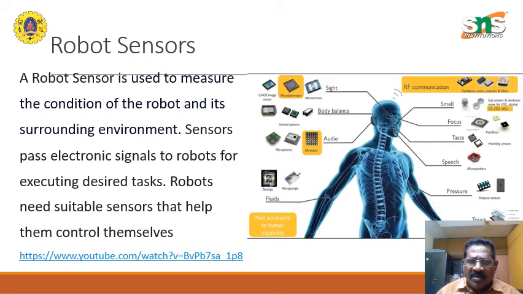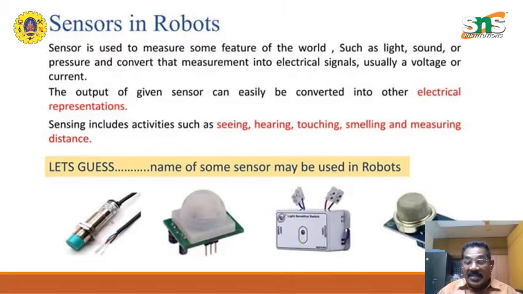We moved on in the previous unit video to the robo sensors. A robo sensor is used to measure the condition of a robo and its surrounding environment. What are the various sensors that are being used in a robo? Sensors are used to measure some feature of the world, such as light, sound, or pressure, and convert the measurement into electrical signals, usually a voltage or a current.